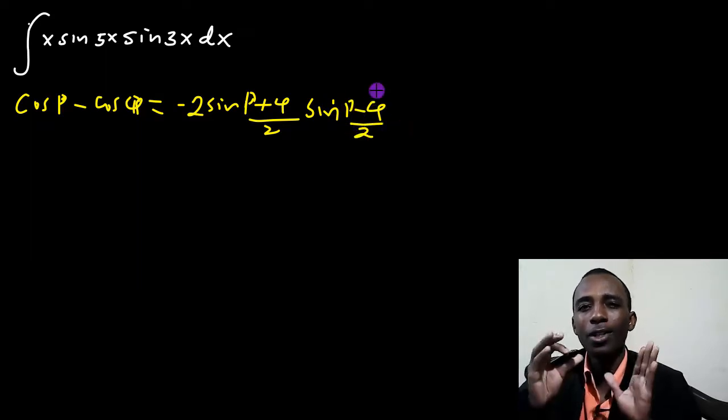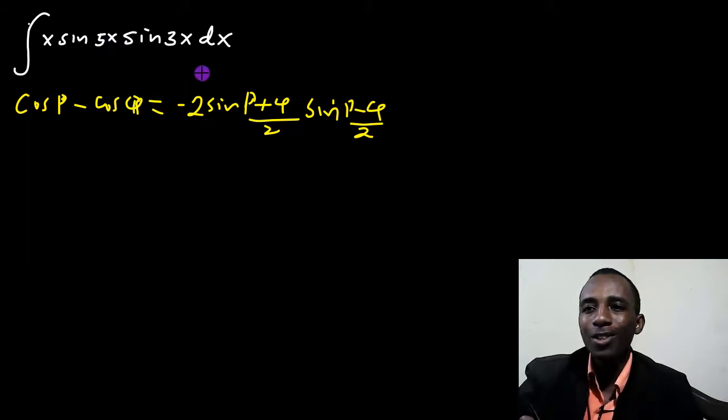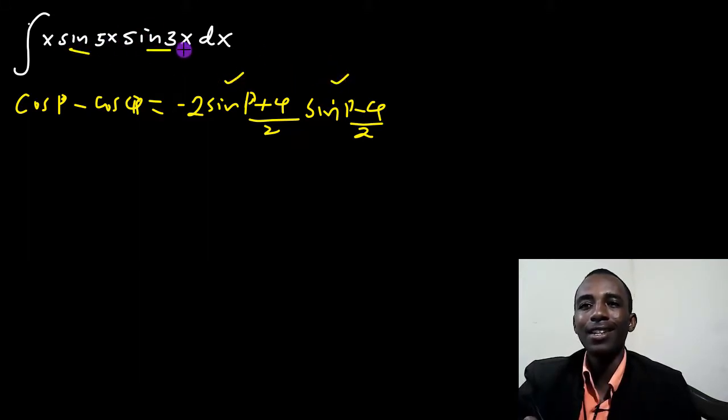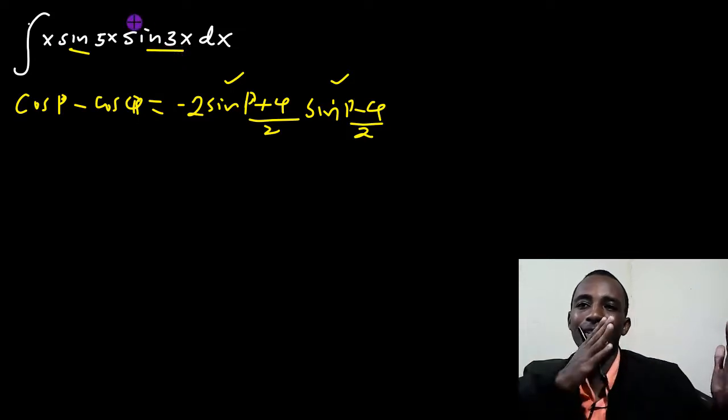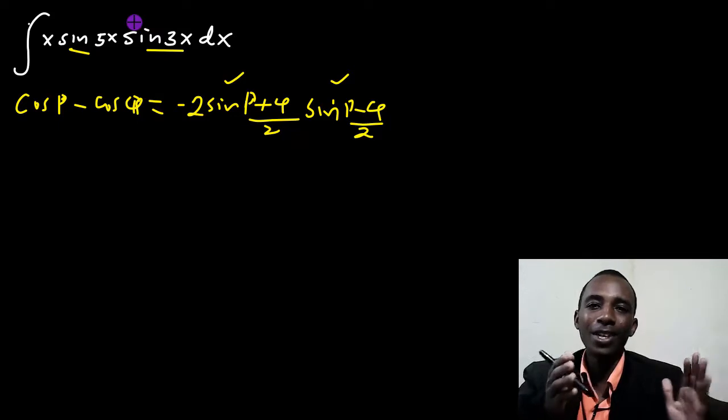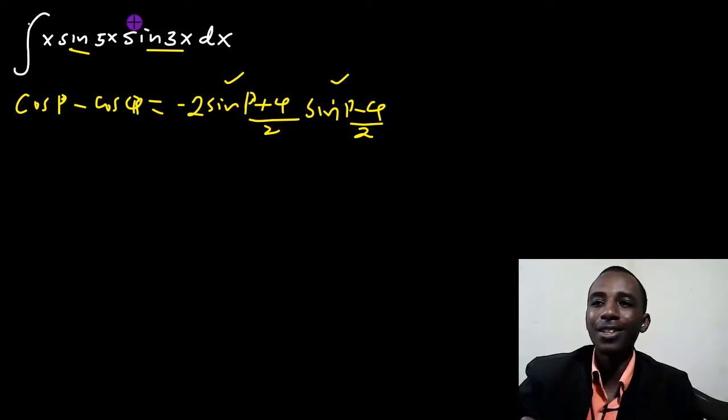Now why did I choose this? Well, because it contains a sine and a sine, and here I have sine and sine. So I want to get a way of converting the sines into a difference of cosines, which I can easily integrate. Alright, so let's try to make a relationship here.